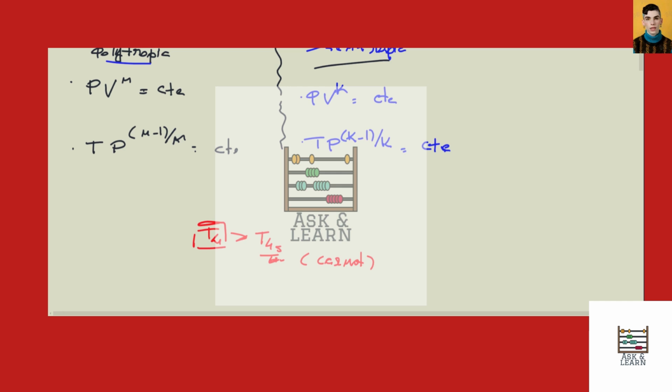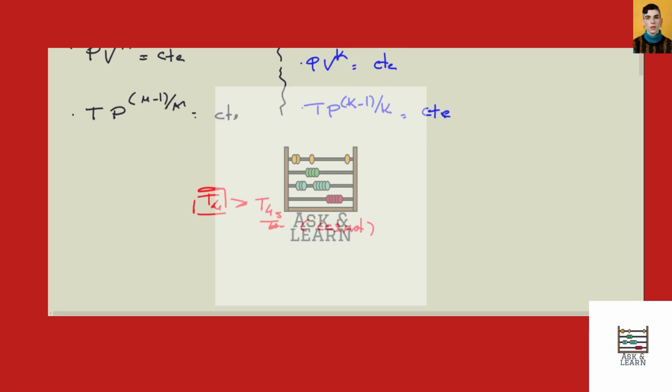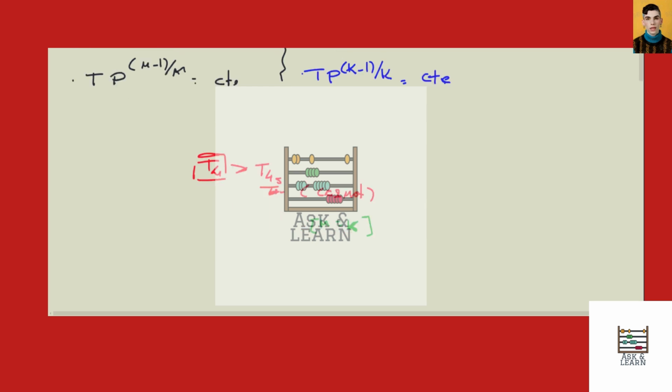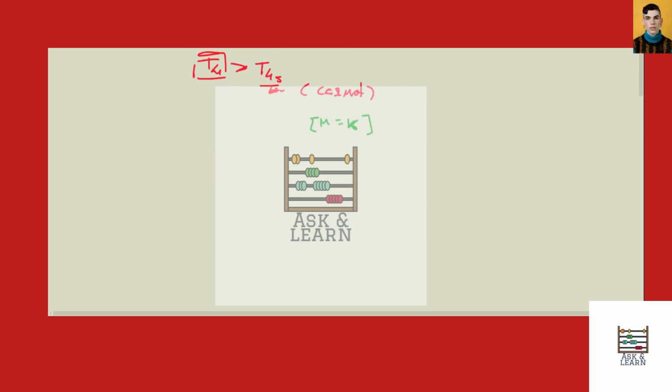And because of that, if we have a Carnot cycle, what we actually have is that n equals K. But since this one needs to be greater, well, the answer for this is that n is less than or equal to the isentropic exponent.